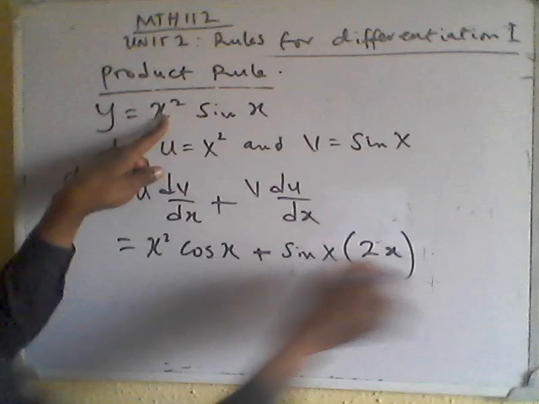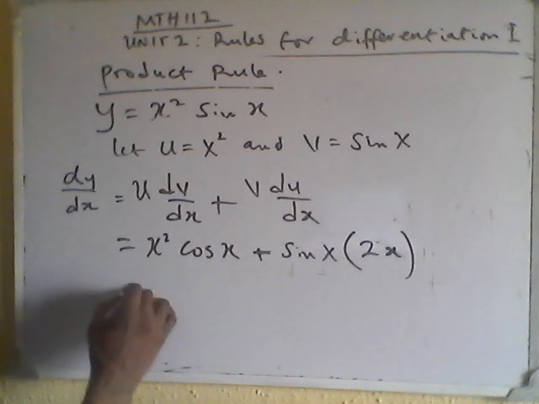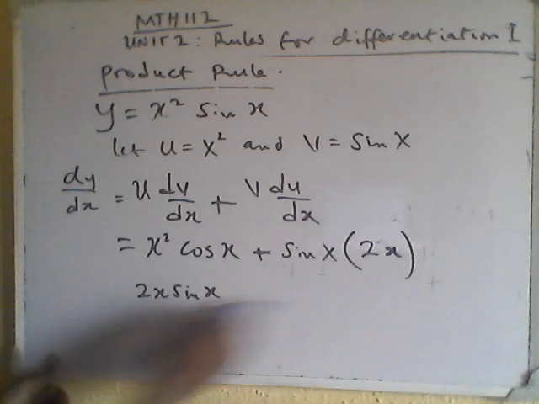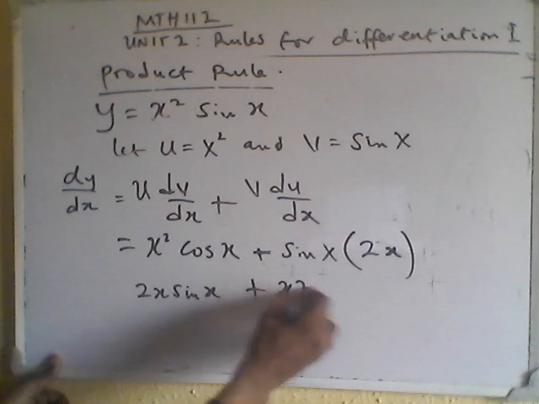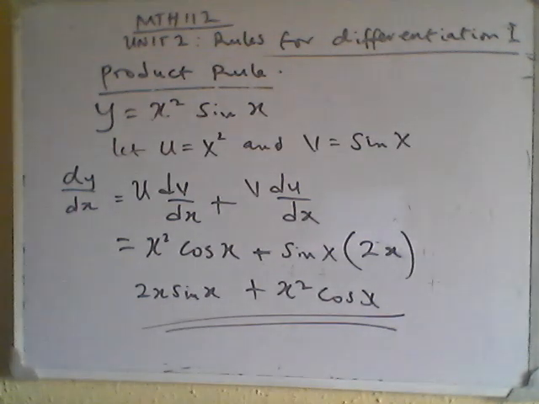All right, so the final answer here looks like this. I can say 2x sine x, that I write first, then plus x squared cos x. So this is the answer. Okay?